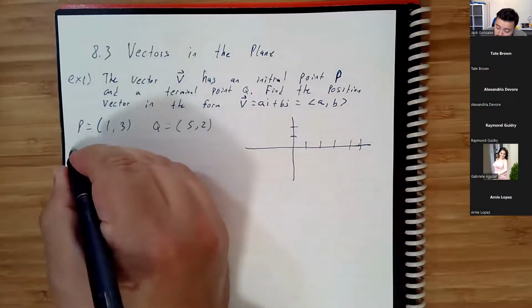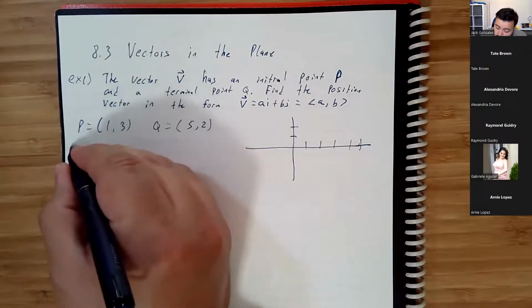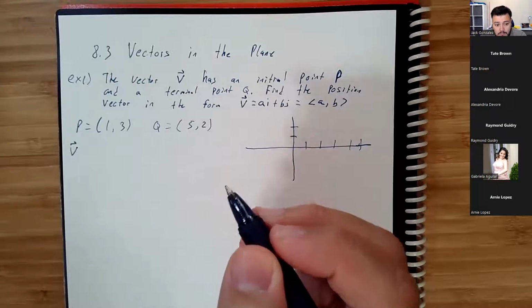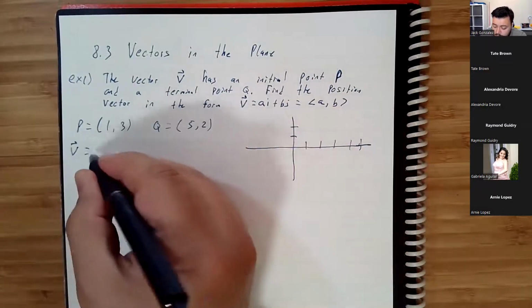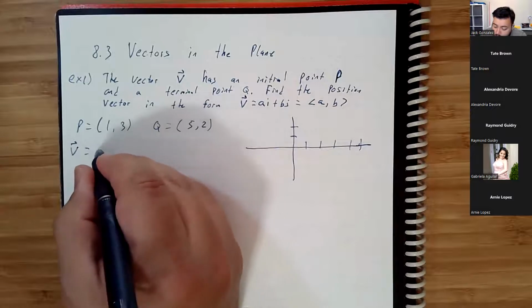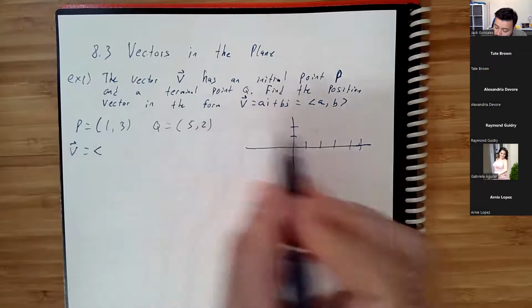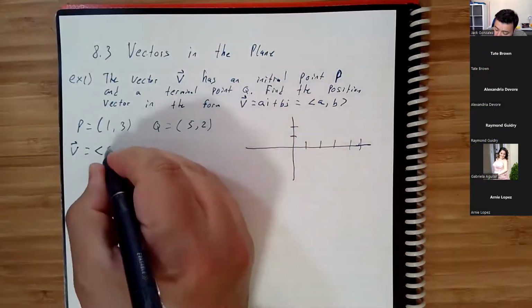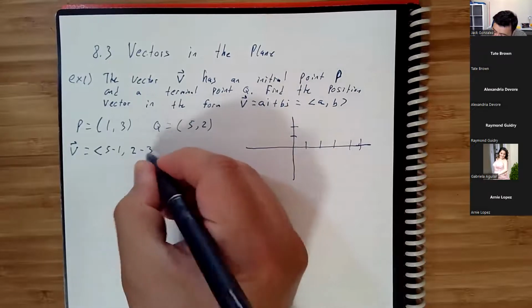So what you do to find your vector, you subtract the initial point from the terminal point. So for the i component, you do 5 minus 1. For the j component, you do 2 minus 3.